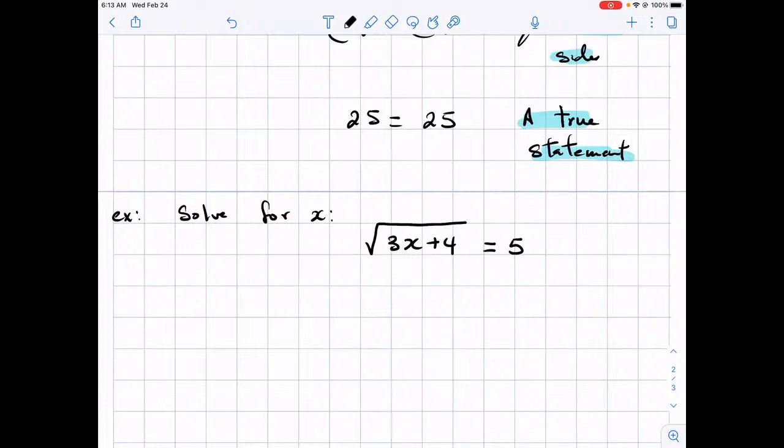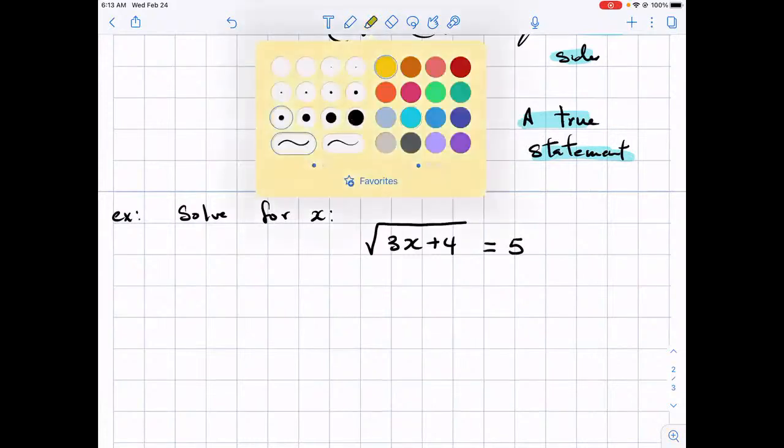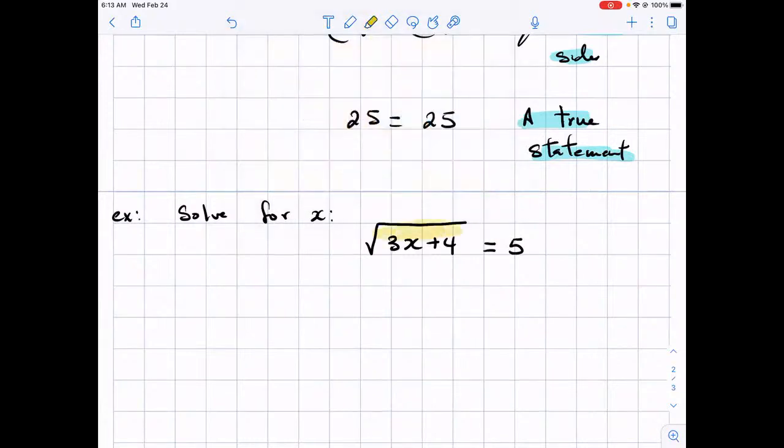That's what we're solving for. Notice on the left side of the equation, that radical is by itself. There is no plus anything or minus anything on the outside of the radical.